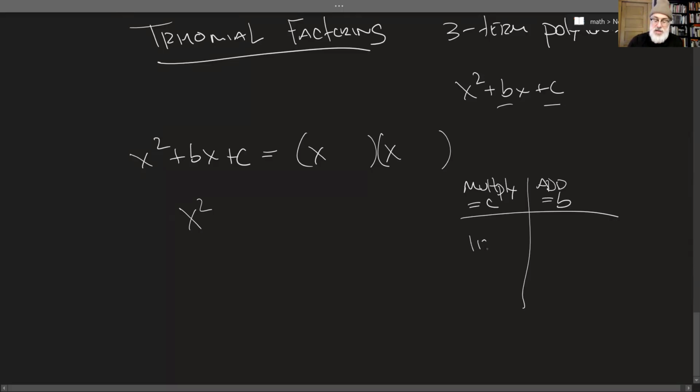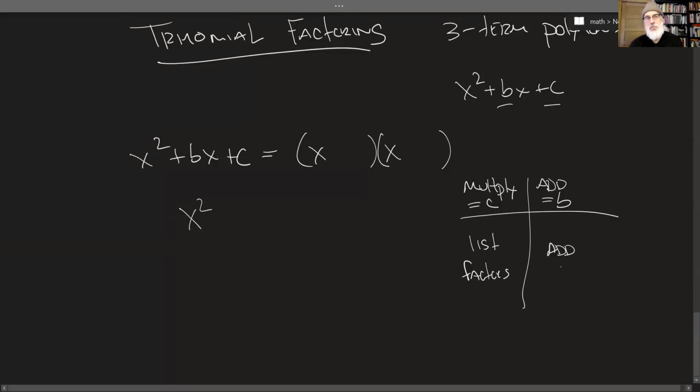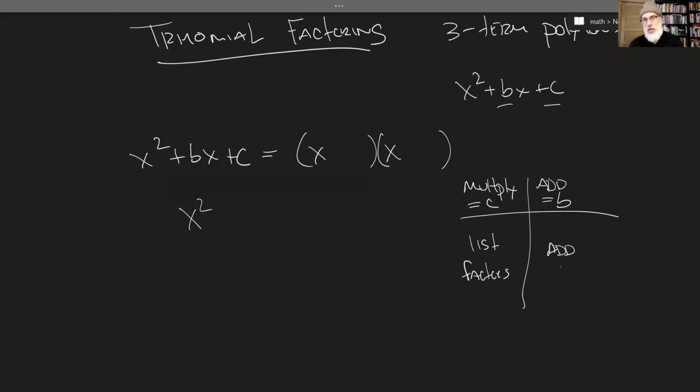So we list the factors, and then we add them. We're going to have multiple lists of factors of c if c is not a prime number, and combinations of positive and negative depending. And then we're going to add those and then see if they equal b. When they equal b, we found our factorization.